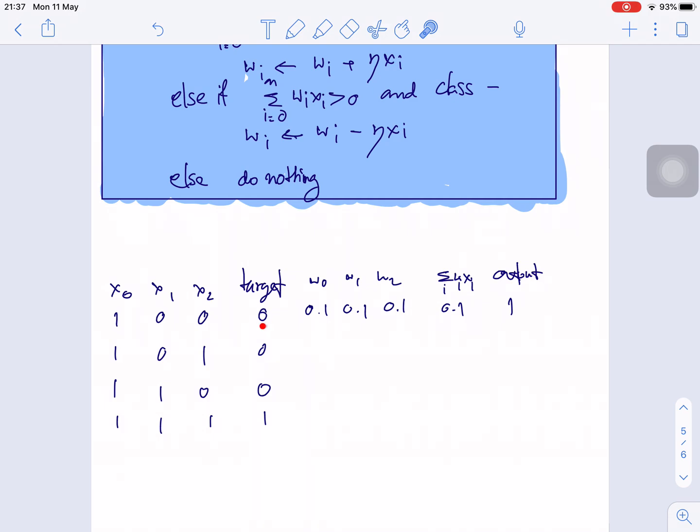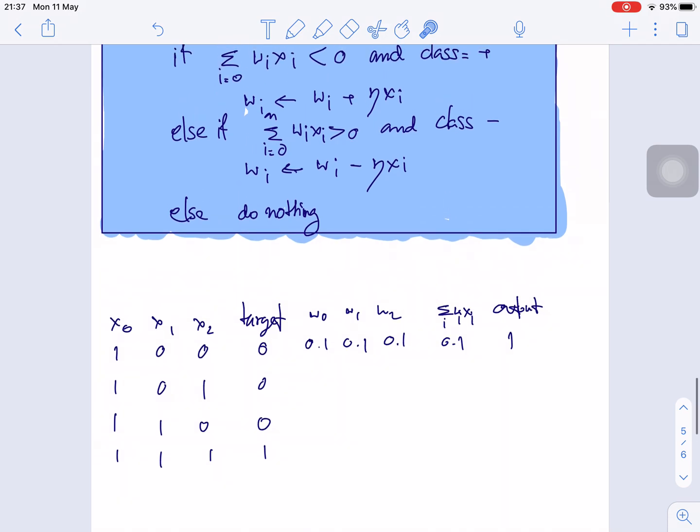But the target is 0. So what do you have to do? The summation is greater than 0 and the class is negative. So minus learning rate times x. You have to use the learning rate times xi and deduct it from wi.